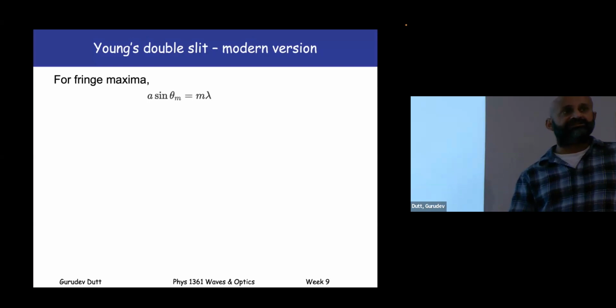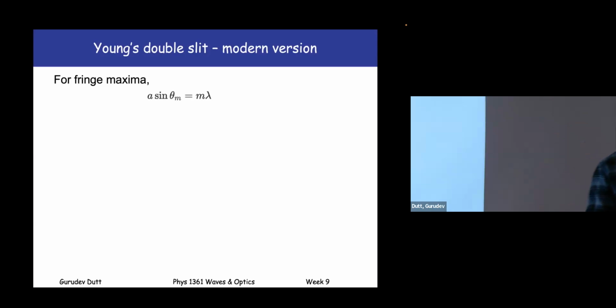Again, this is obtained by just setting the path length difference times k, where k is 2 pi over lambda, equal to 2m pi, an even multiple of pi. And from that, I get this condition, Ym.